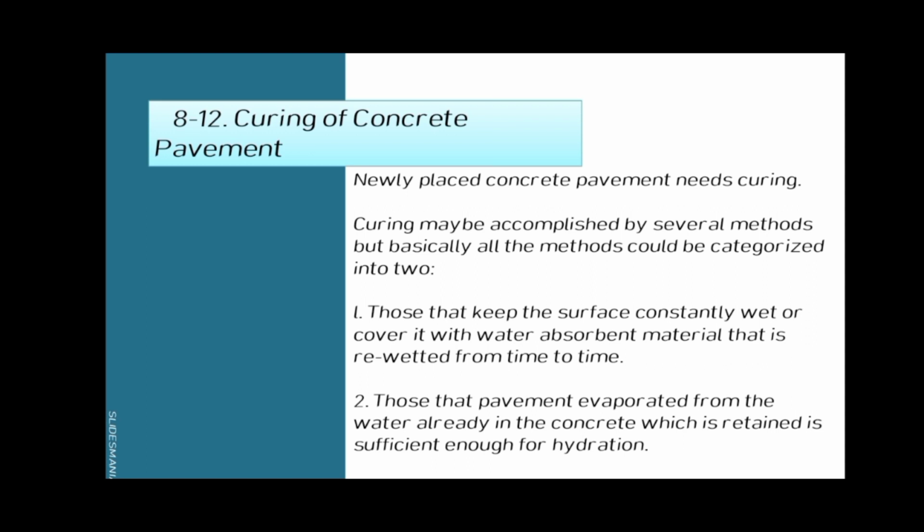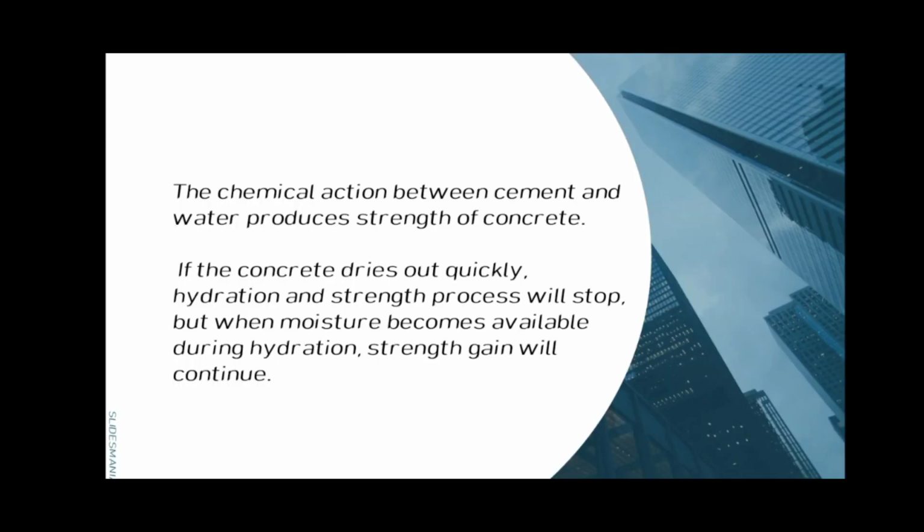Second, those that prevent evaporation of the water already in the concrete, which is retained sufficiently for hydration. The chemical action between cement and water produces the strength of concrete. So, if the concrete dries out quickly, the hydration and strength process will stop. But when moisture is available during hydration, the strength gain will continue.